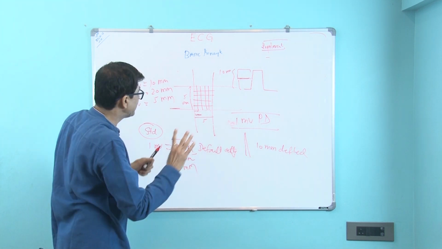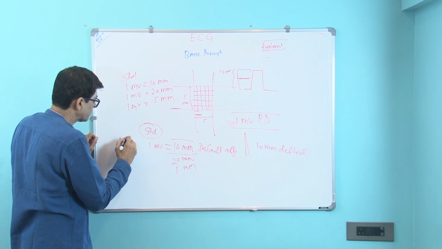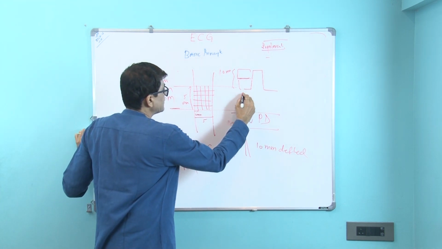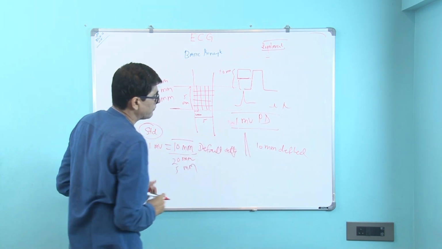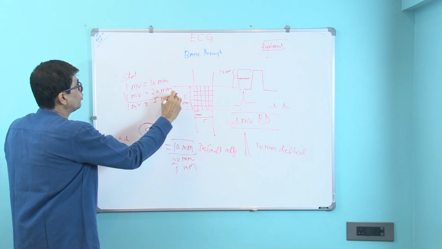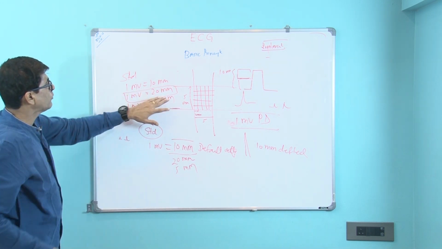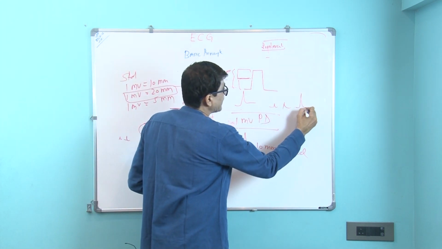Many times the ECG complexes are very small. Suppose you are recording a very small QRS complex and you are not able to read it, what do you do? You set 1 millivolt equal to 20 millimeter. So, exactly double will be recorded.